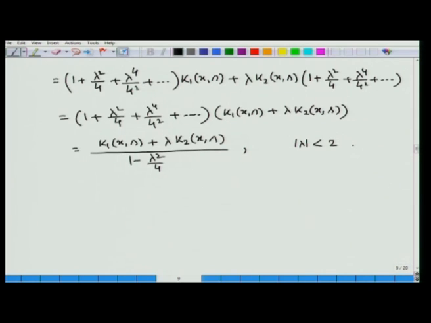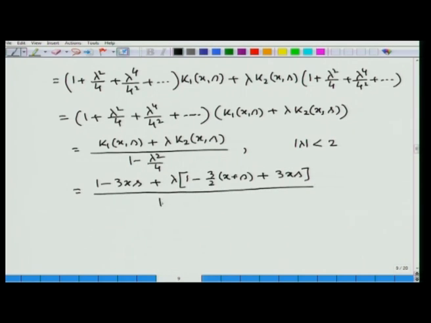After substituting the expressions for k1(x,s) and k2(x,s), you can find this is 1 minus 3xs plus lambda into 1 minus 3 by 2 (x plus s) plus 3xs, this whole divided by 1 minus lambda square by 4.